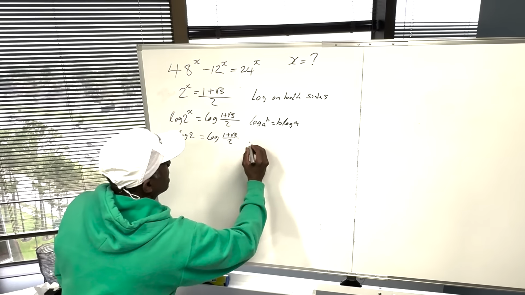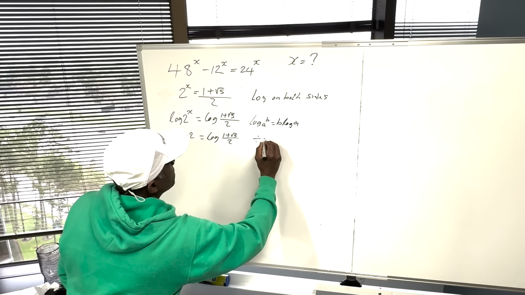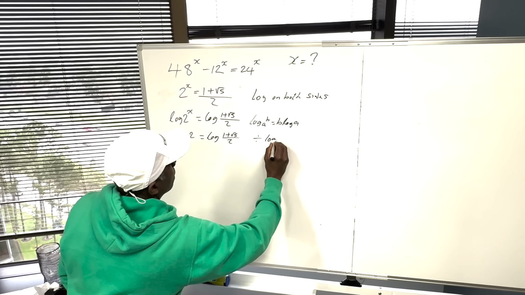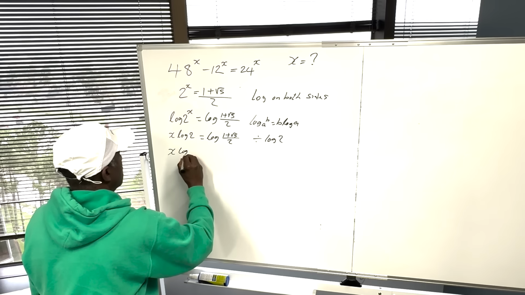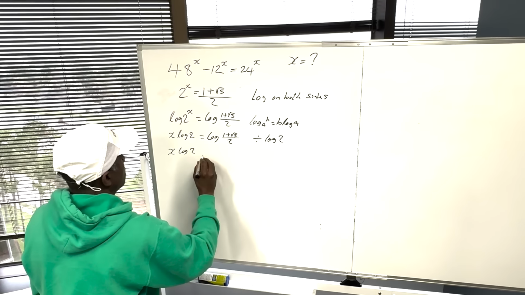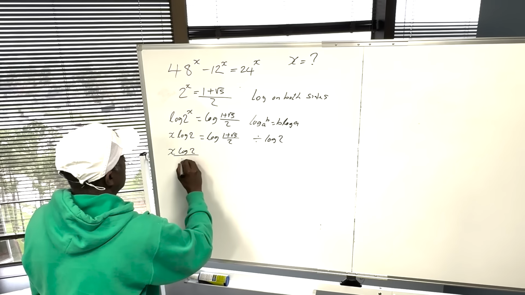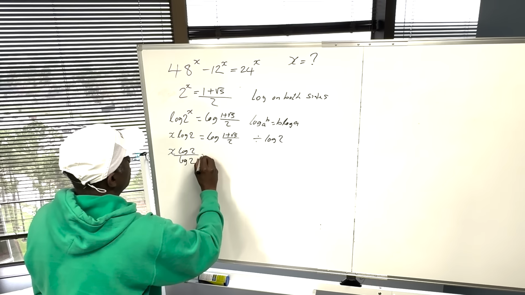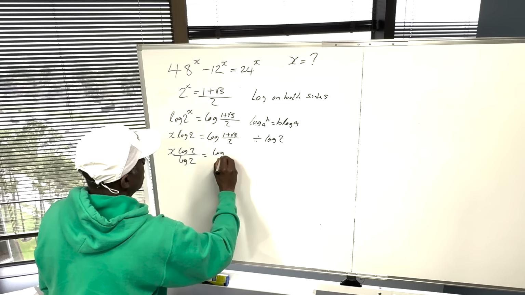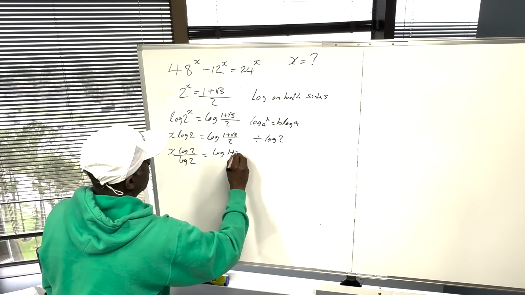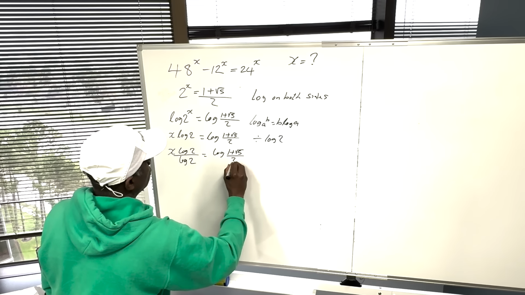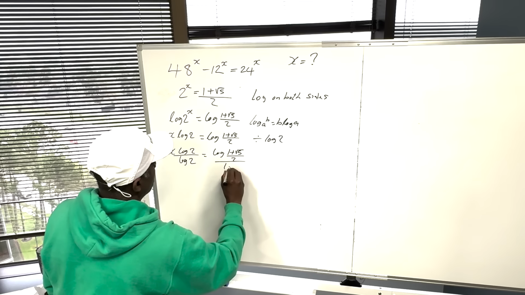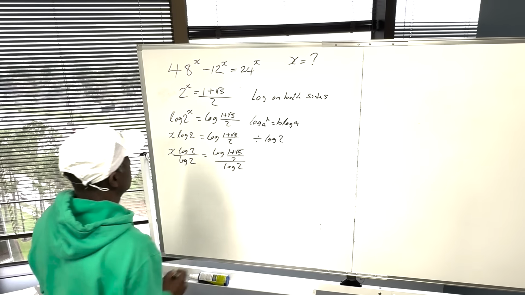Now let's divide both sides by log of 2. We get x log of 2 divided by log of 2 is equal to log of 1 plus square root of 5 over 2 divided by log of 2.